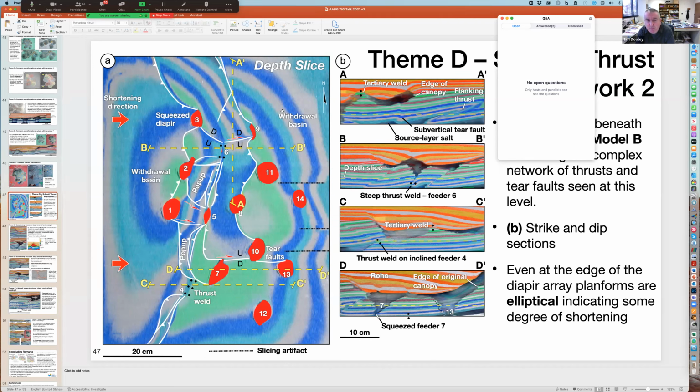But the only thing that is not present in the Red Sea is an extremely high heat flow. So we don't have that.